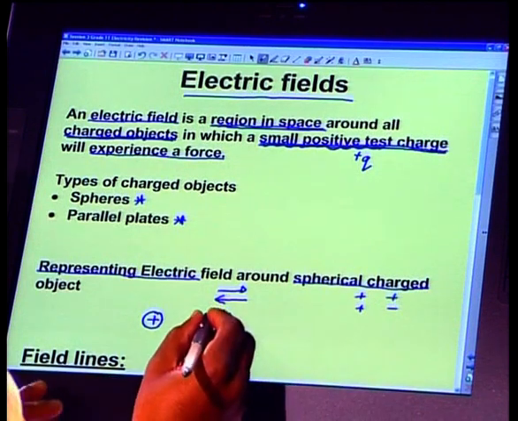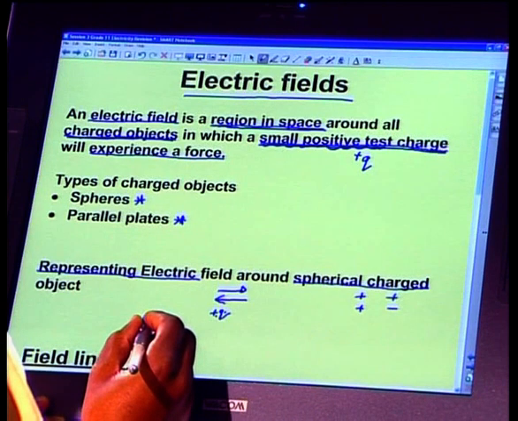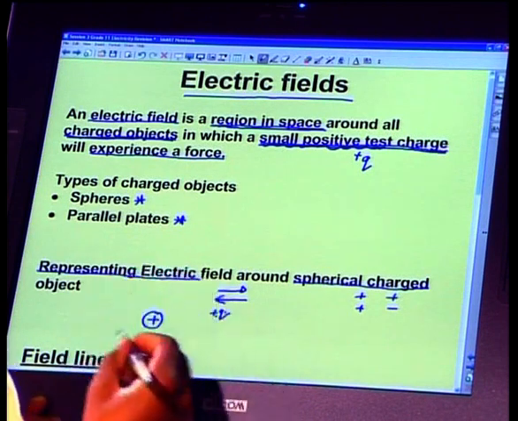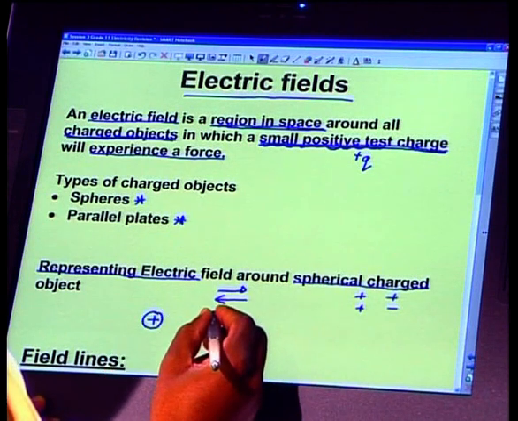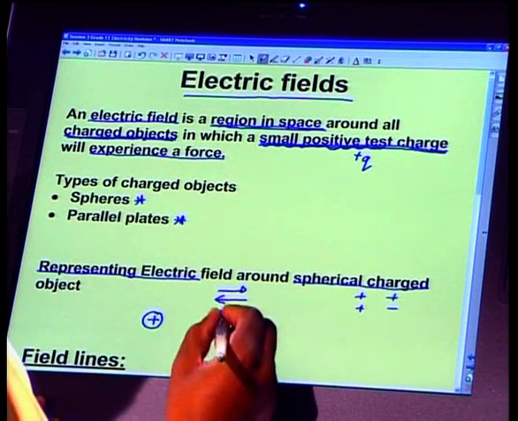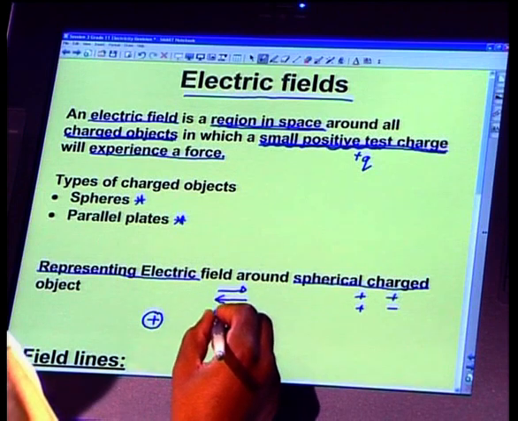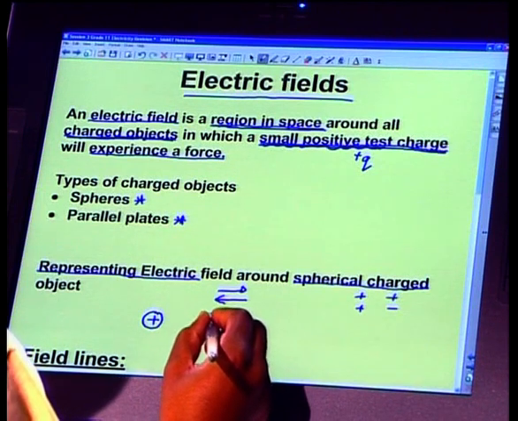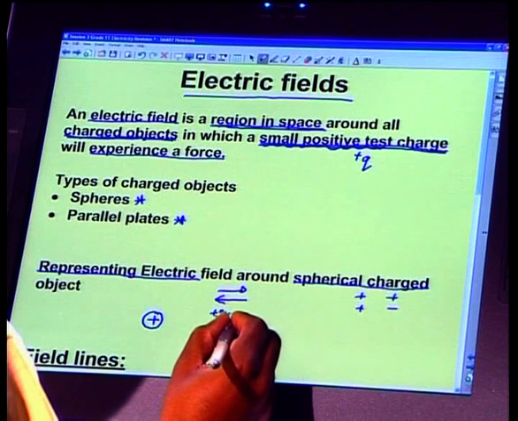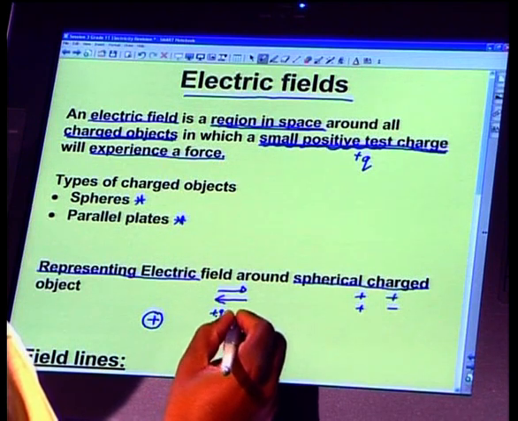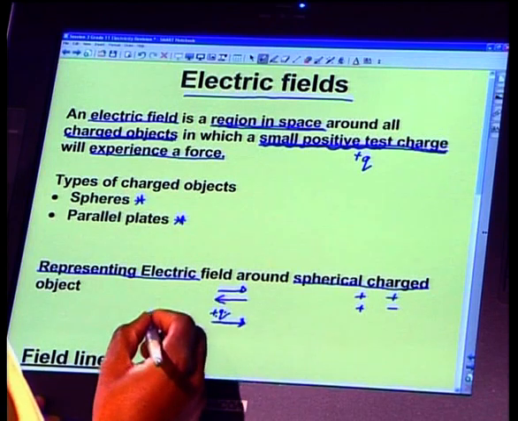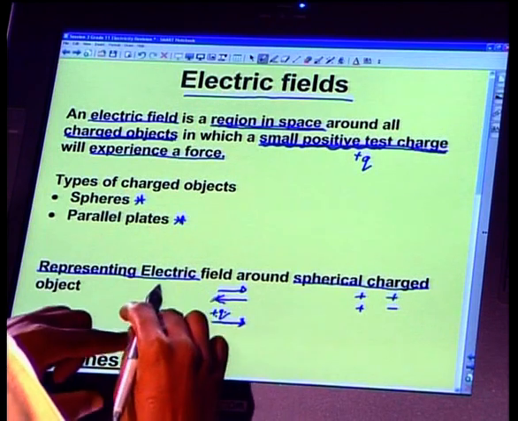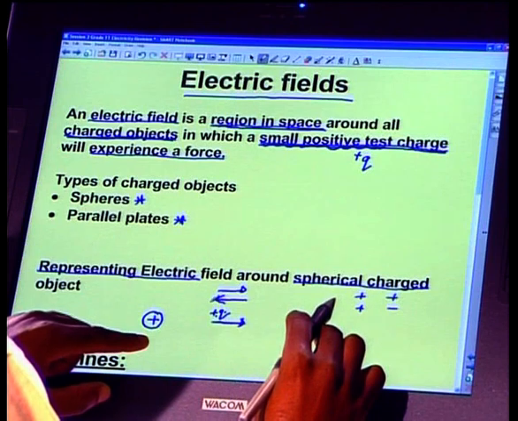So because this one is positively charged, and my charge here that has set up a field around itself is also positively charged, what will happen here is that there will be repulsion. And looking at small q, because that is our test charge, small q is going to be repelled by this charge here, and it will be moving away from the charge.